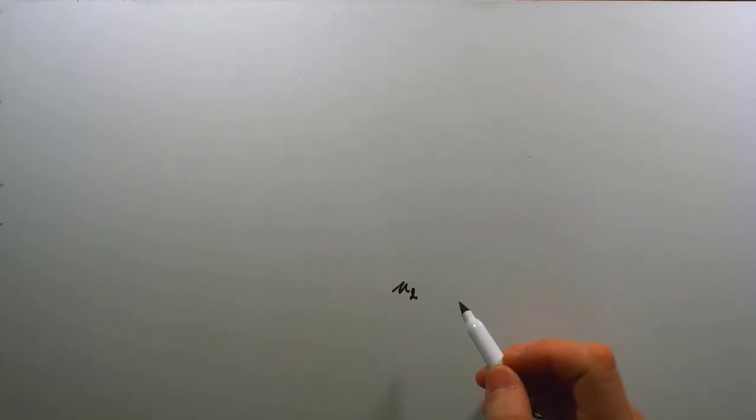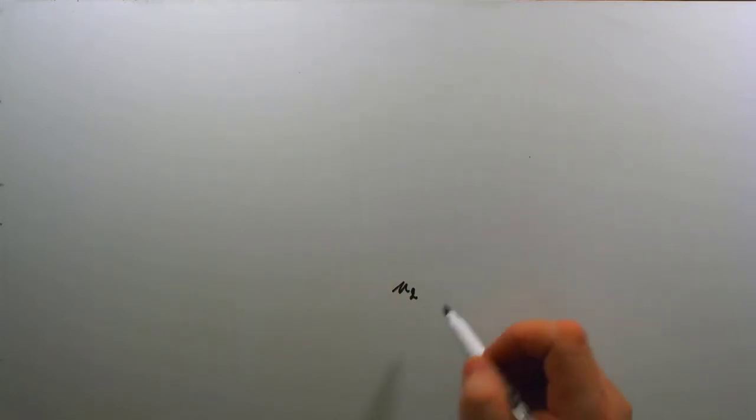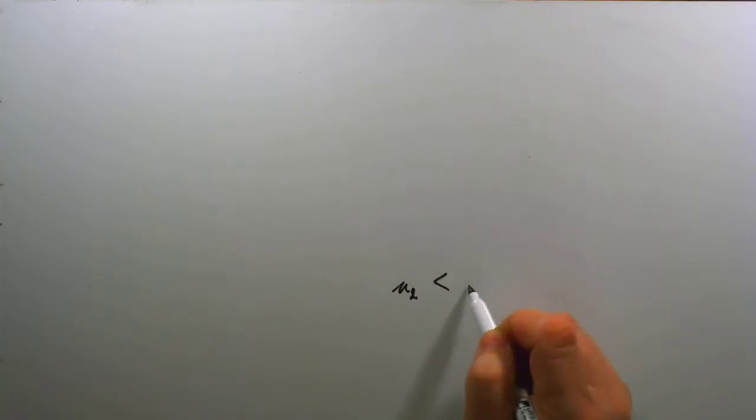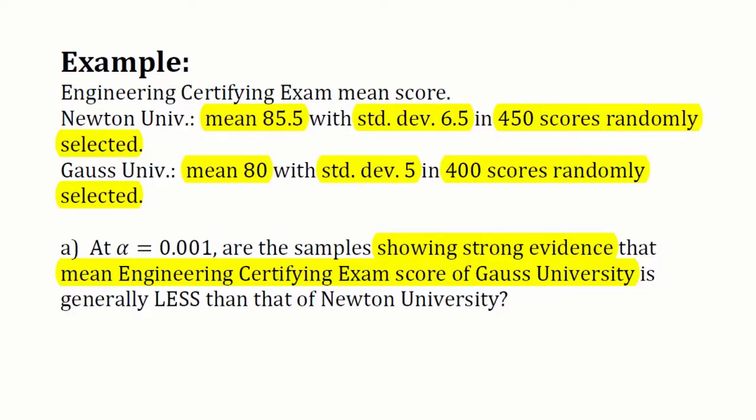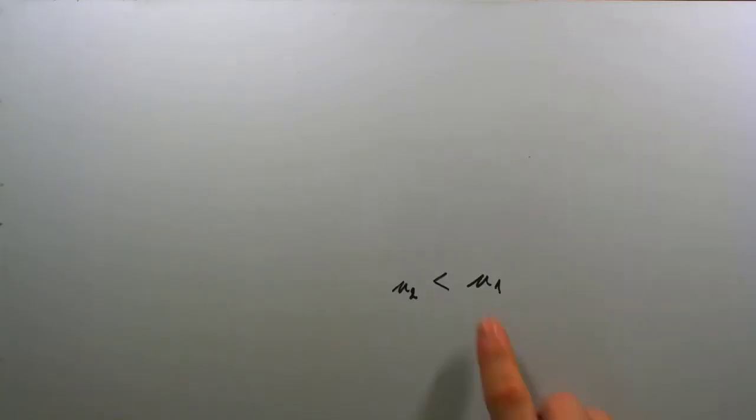And so now we want to show that generally mu 2 is less than mu 1, because that's what it said in the statement here. The mean engineering exam score of Gauss University is generally less than that of Newton University, and that of Newton University means mu 1.